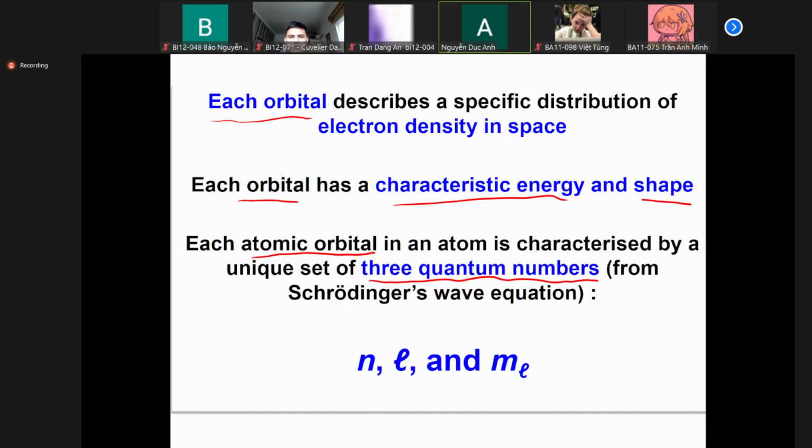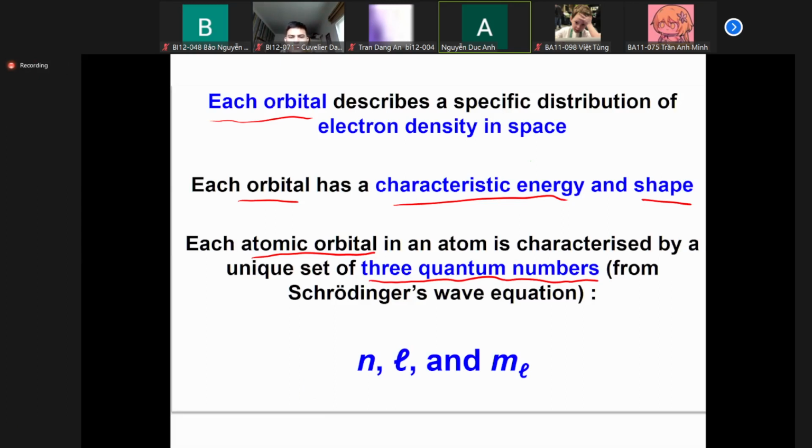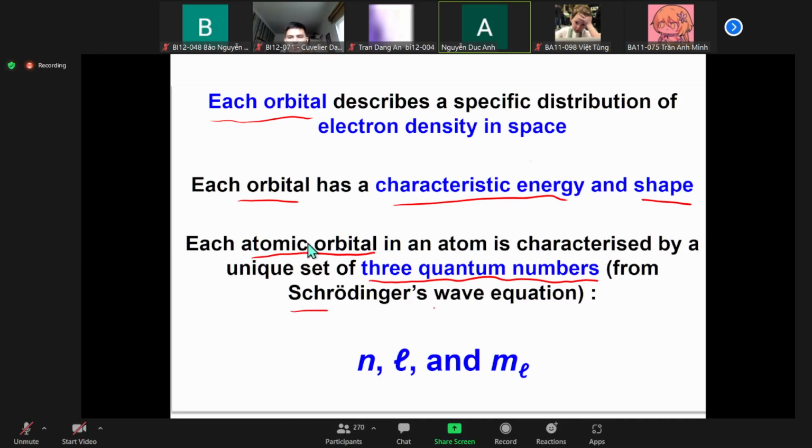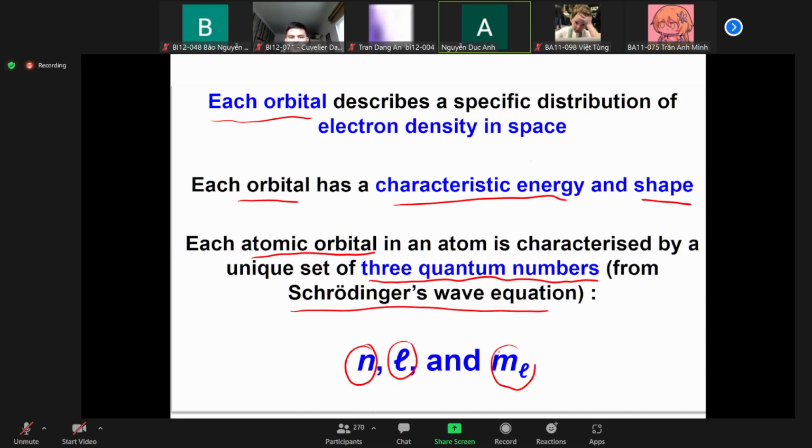The Schrodinger equation gives you the first 3 quantum numbers. The spin quantum number is added to the set to complete it, and I will explain the reason later. But in solving the Schrodinger wave equation, you get 3 quantum numbers: n, l, and ml.